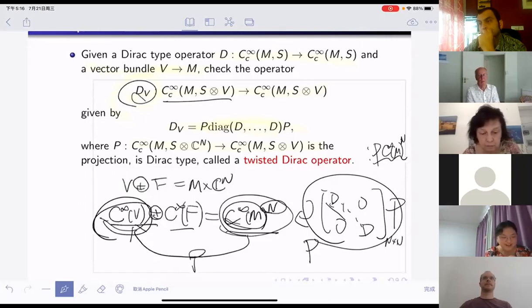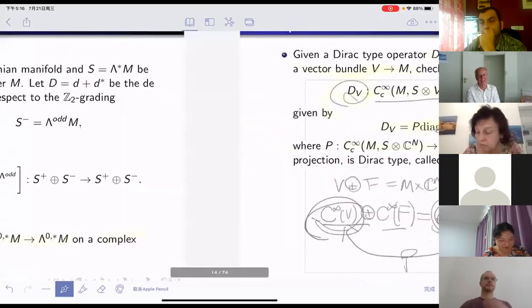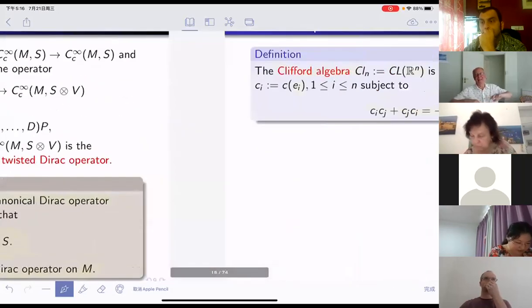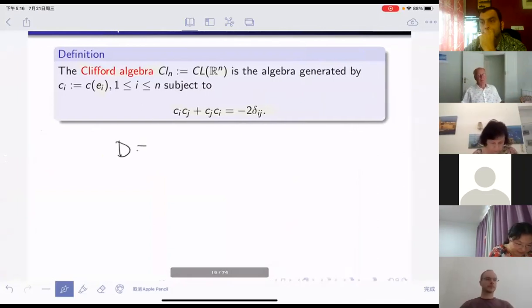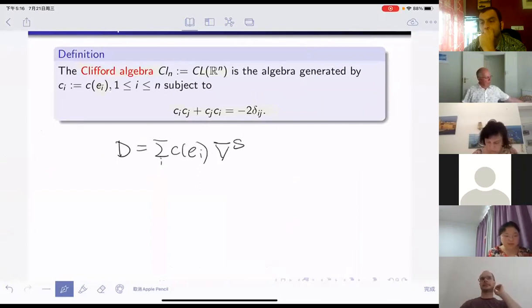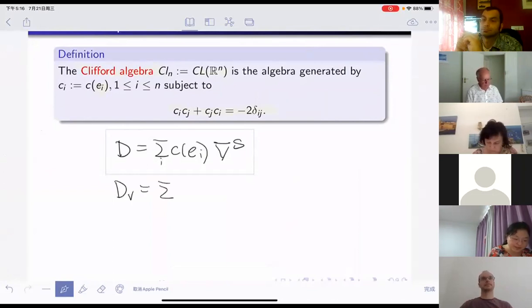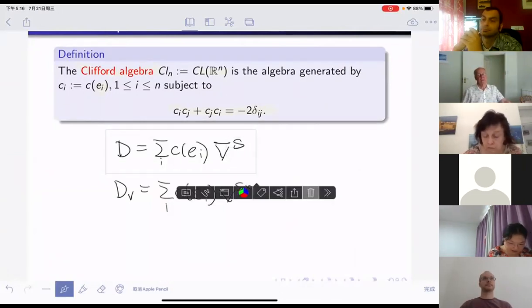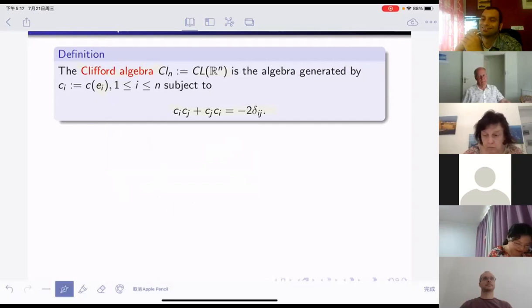Actually, the official twisted Dirac operator is not defined like that. It is defined as follows. If one can express the Dirac operator like this, then the twisted Dirac operator is in fact defined in the following way.